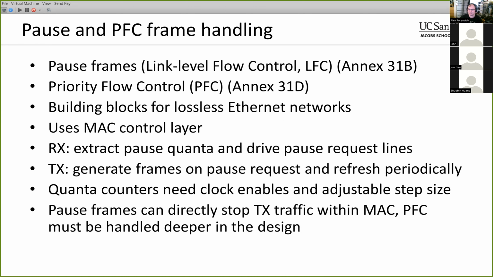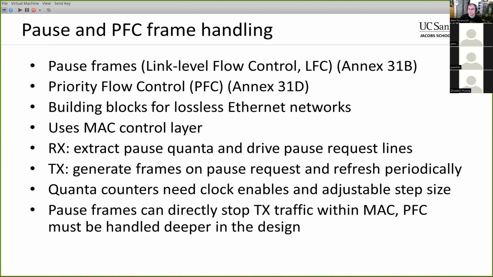On the RX side, that's pretty straightforward. You just have counters. Every time a packet shows up, you update the value of those counters, and then you decrement the counters at the appropriate rate. When the counters are non-zero, you assert the pause request line going back towards the user logic, or in the case of pause frames, you could terminate that inside the MAC to block new TX traffic.